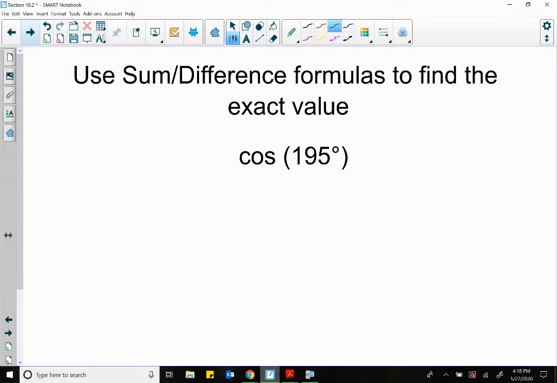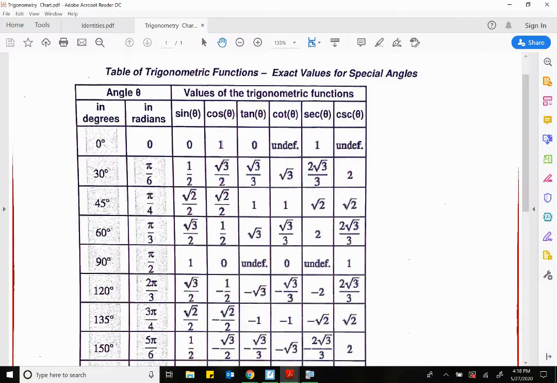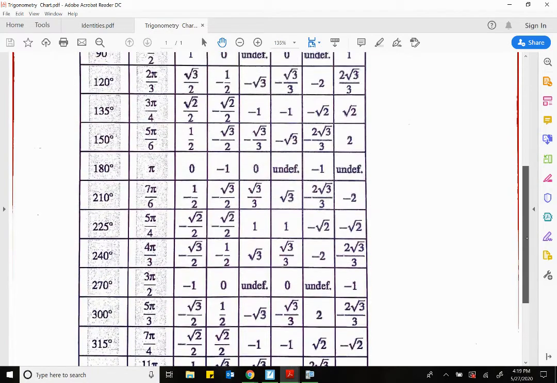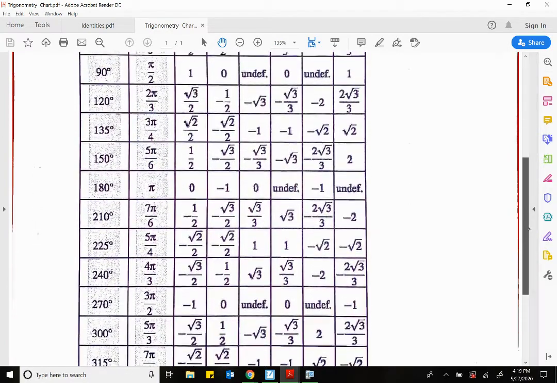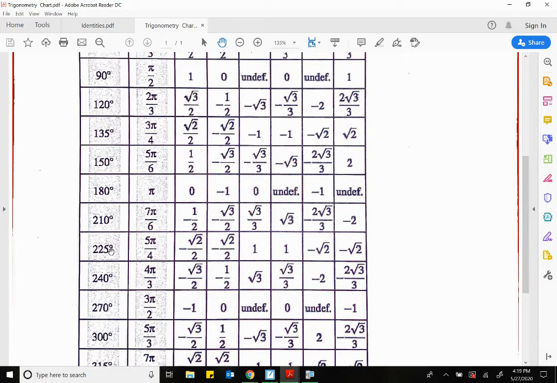Okay. So if we look at this, we need 195. Lots of ways to do that. So we could take 150 plus 45. Or we could take 240 minus 45.